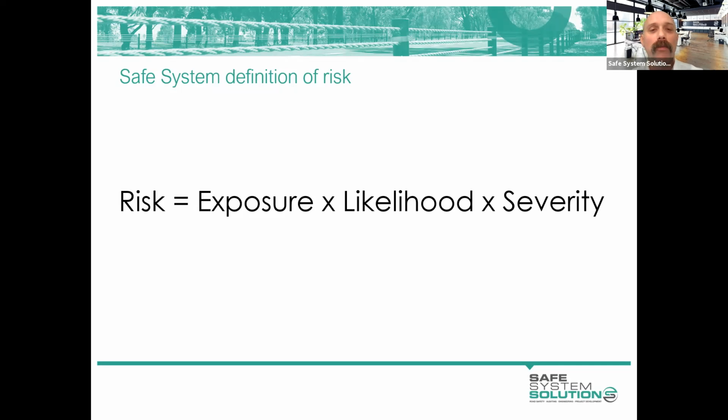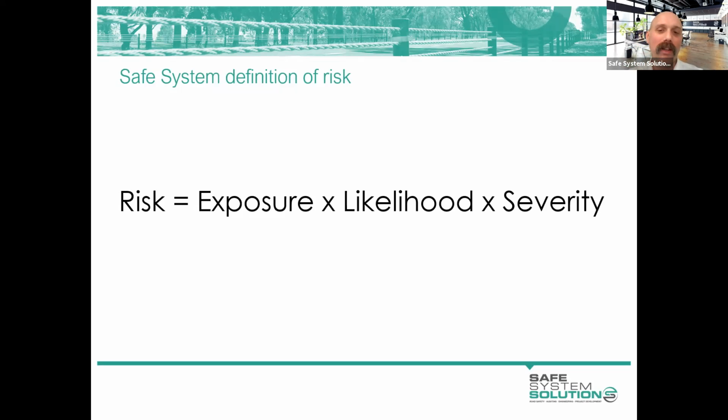Now, those who are monitoring the Austroads releases would have probably noticed the recent release of the Austroads Guide to Road Design Part 6, which is roadside safety, barriers, and the like. And that also has this exposure, likelihood, and severity, but a slightly different lens on it, just to make our lives extra complicated.